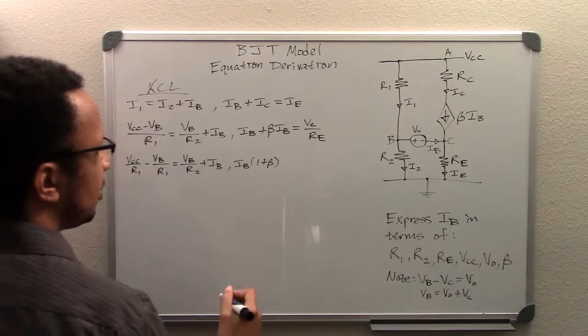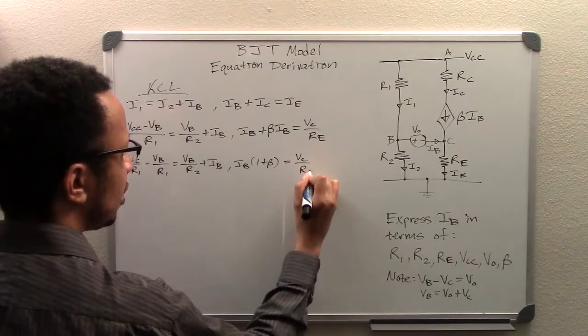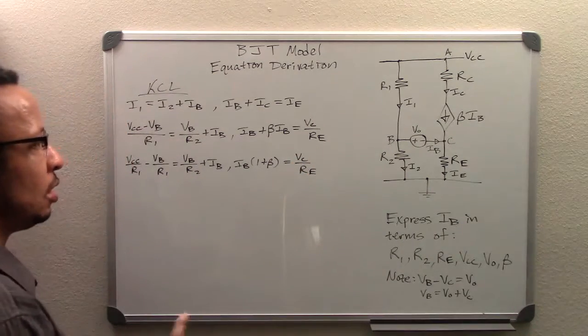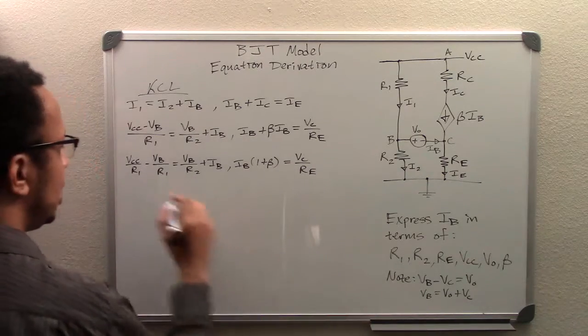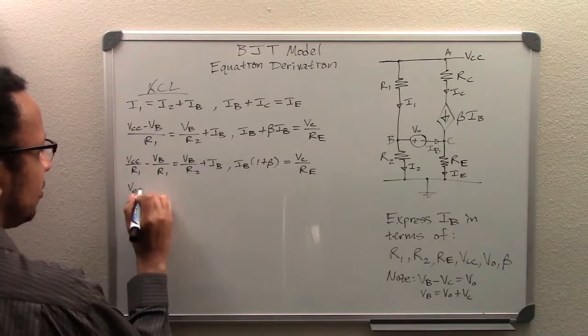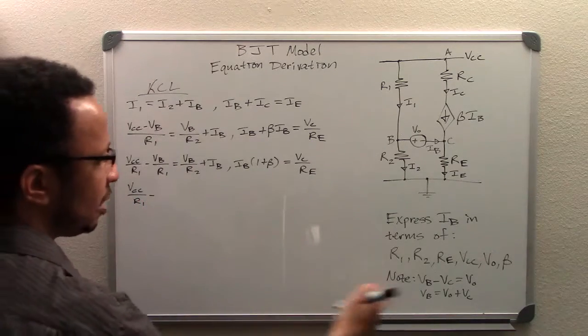Okay, IB times 1 plus beta equals VC over RE. Next, I'm going to make the substitution for VB. And so now we have VCC over R1 minus VB, which is what?